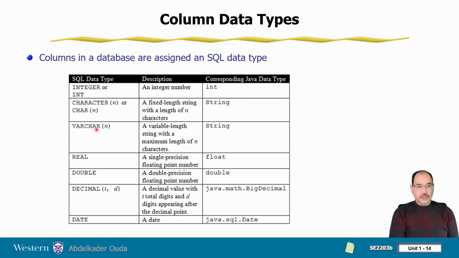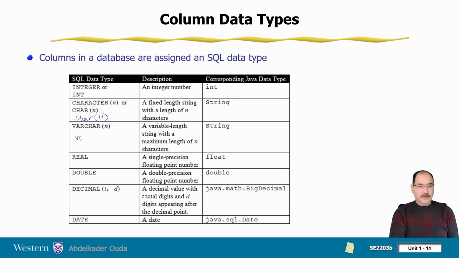We have varchar. It's also for a string. And varchar here can also have a number. So we can see we have something like this. I have a char 10. That means I have a string of length 10.